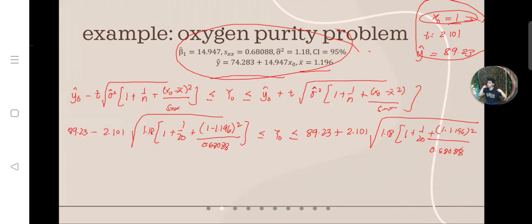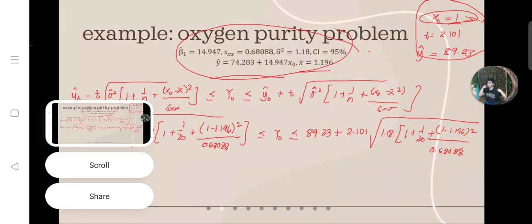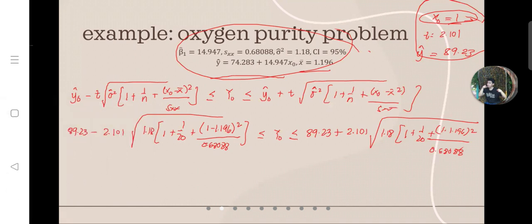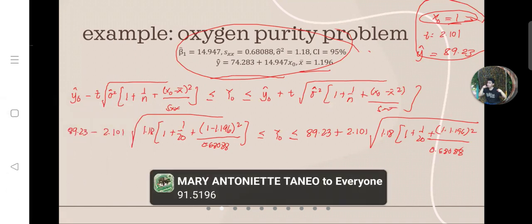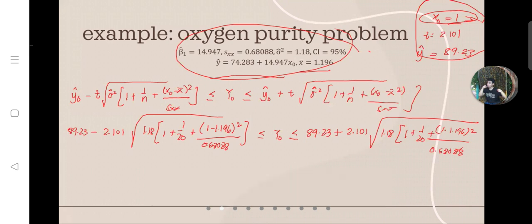Sige, bilang ba? 91.5196 for this side. For this side, yes, miss. 91.51.